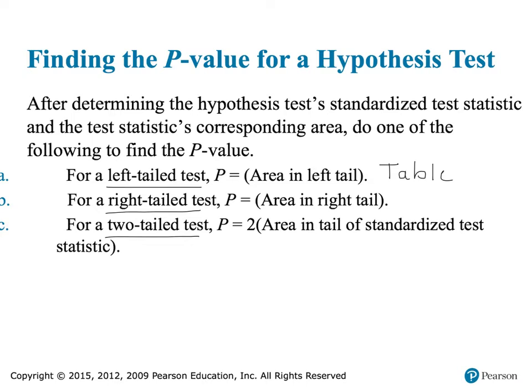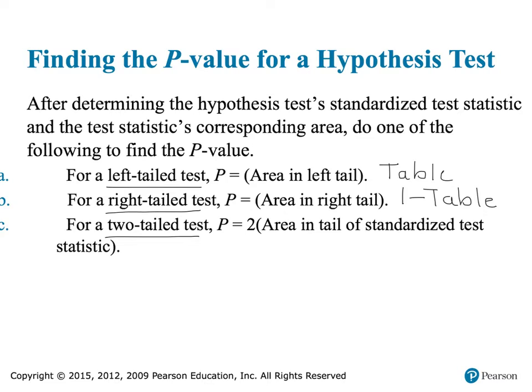If we're doing a right-tailed test, then we're going to have to take 1 minus the value we find in our table for the standard normal distribution. Because the table gives the area below, if we want the area above, we have to do 1 minus that number.